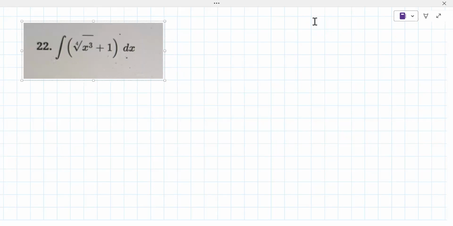Four-sevenths x to the 7/4 power plus x plus c. Yeah, really good. Okay, so I think you've got that down.